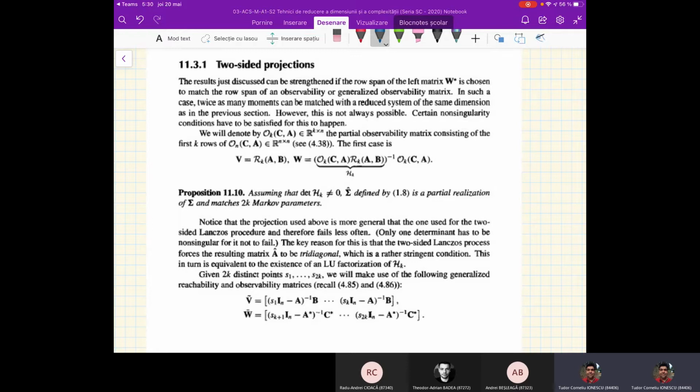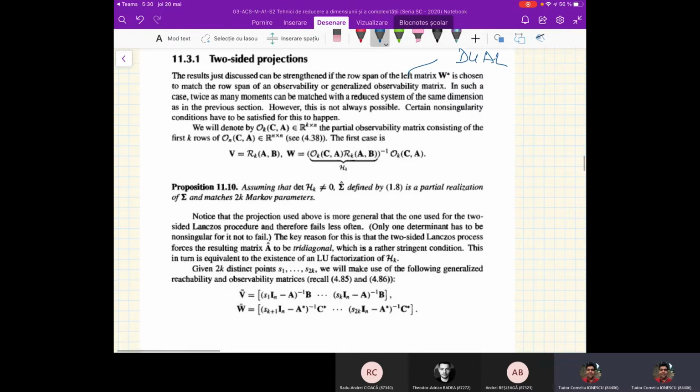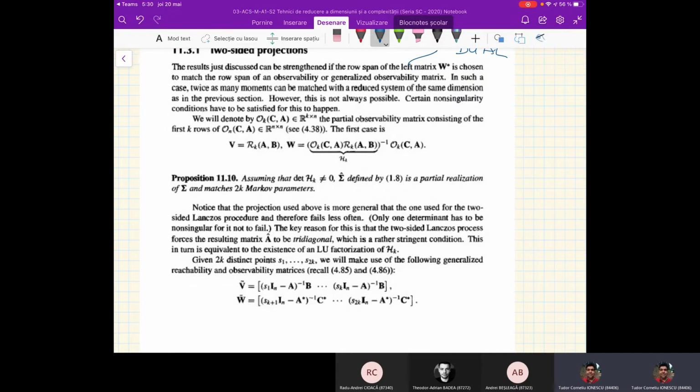Okay, so what I just showed you, dual. In such case, twice as many moments can be matched with a reduced order of the same dimension as in the previous section. However, this is not always possible. Certain non-singularity conditions have to be satisfied. So we have an additional assumption this time.